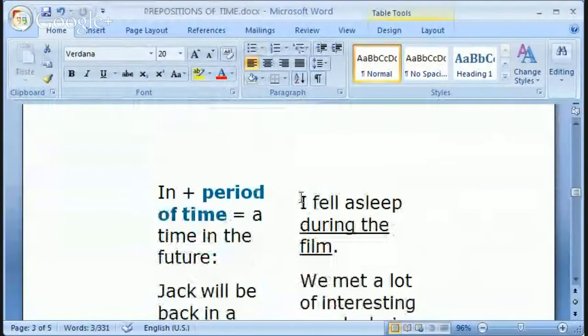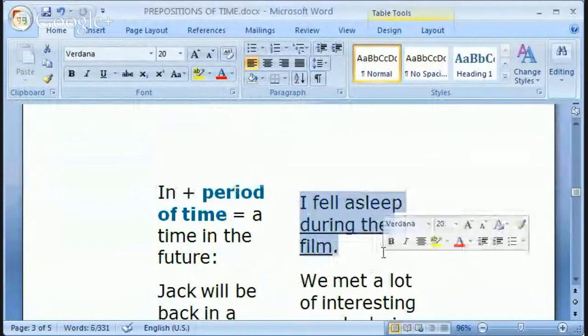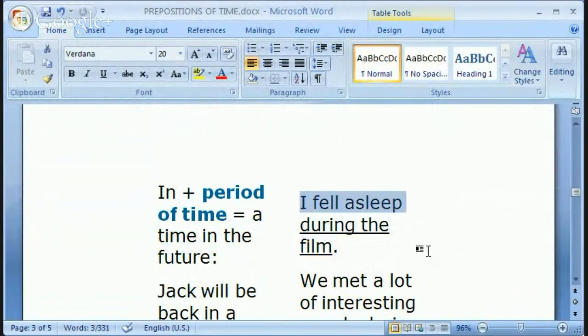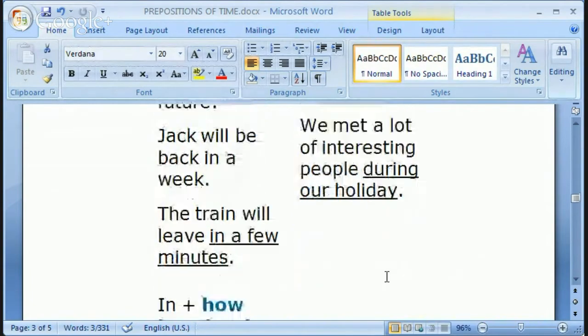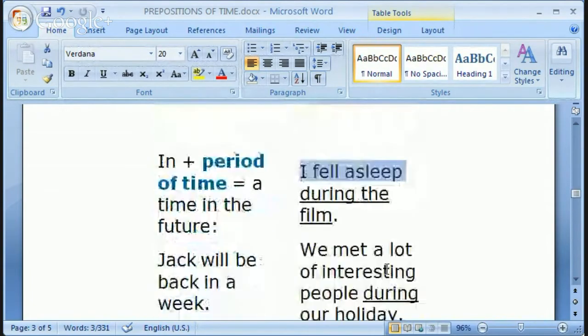I fell asleep during the film. So we often use this to talk about an interrupting action. Sometime during the film I fell asleep. We met a lot of people. You met people. This is an interrupting action during our holiday. So that's the idea.